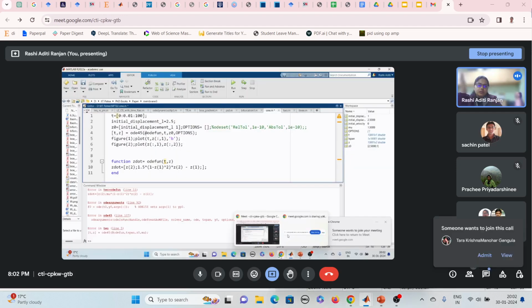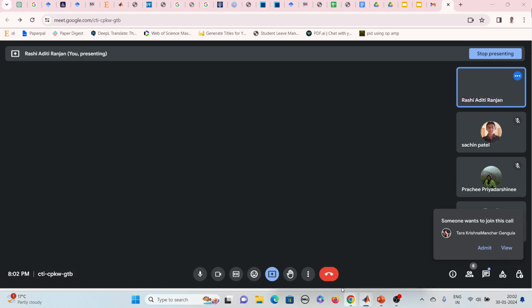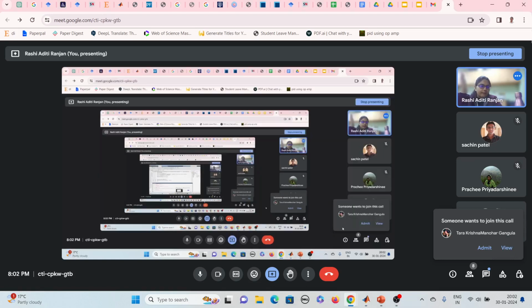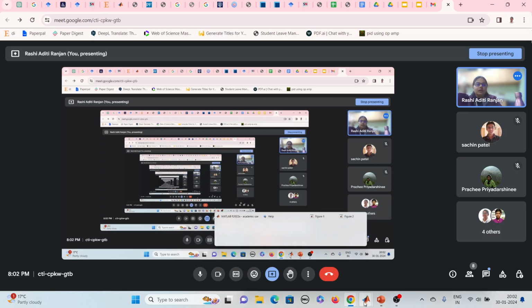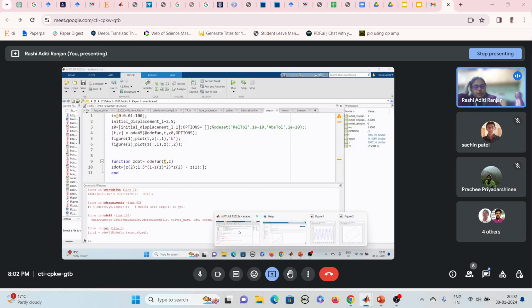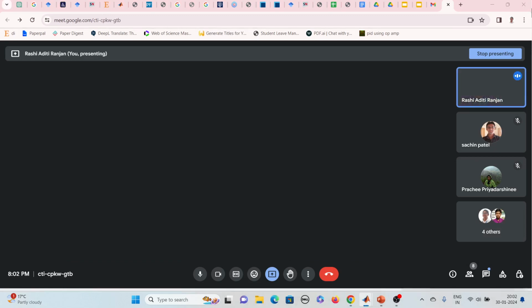Okay, so which would be the equation which may be used, for example I have this example of a function which is for the Lorenz equation.